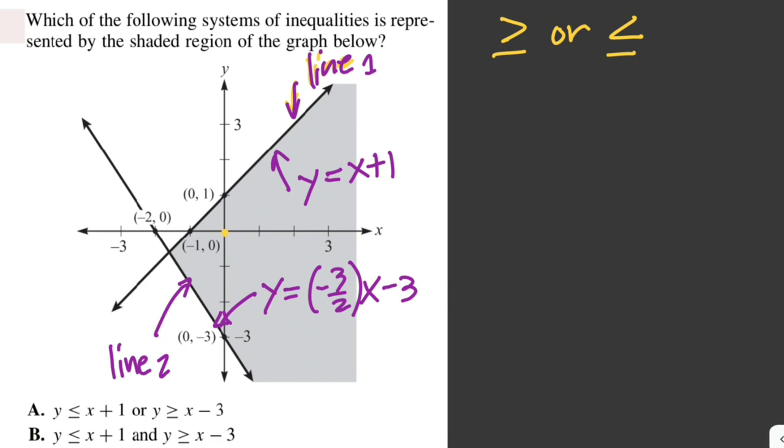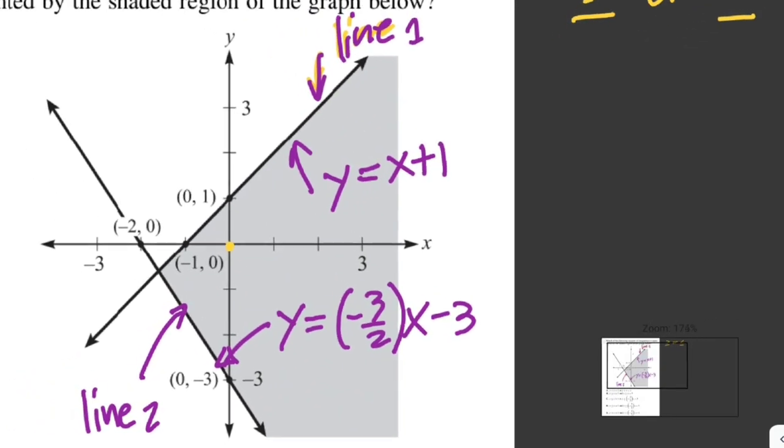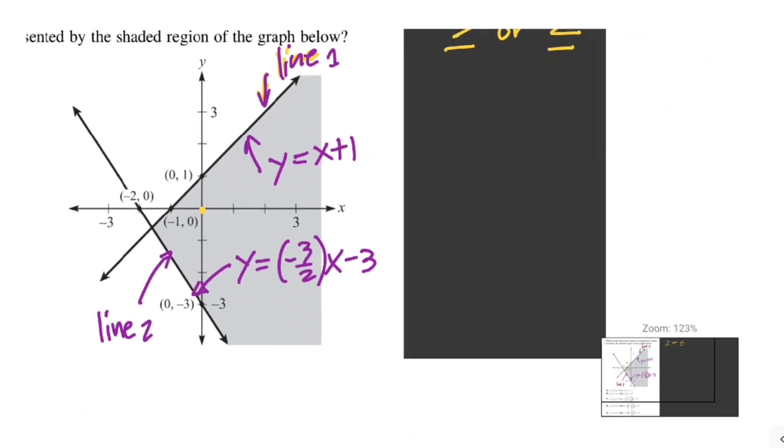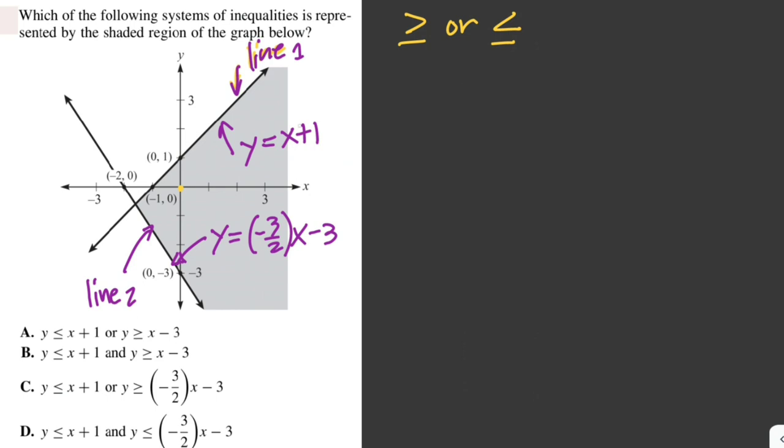Let's take a look at line 1 first. For line 1, the shaded portion is below the line and going to the right. Below means it's less than. Therefore, the shaded portion is y less than or equal to x plus 1.